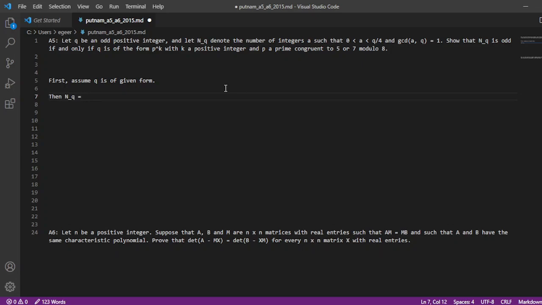Then we can express nq in a fairly closed form, and we're just going to be counting things that are coprime to p, right? q over 4 is not going to be divisible by p.